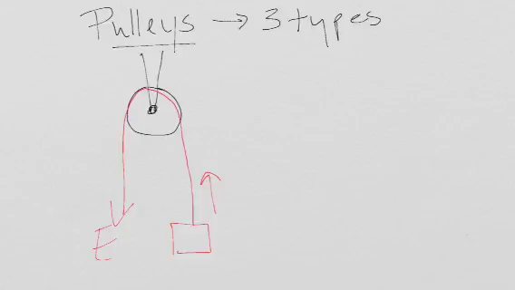A pulley is a wheel and axle. The larger wheel is the wheel of the pulley itself that a rope or a chain or whatever goes around. Your clothesline is 2 pulleys together that are linked by the actual clothesline itself.